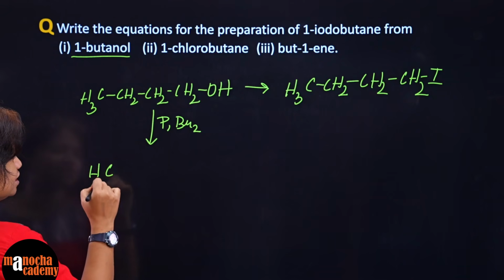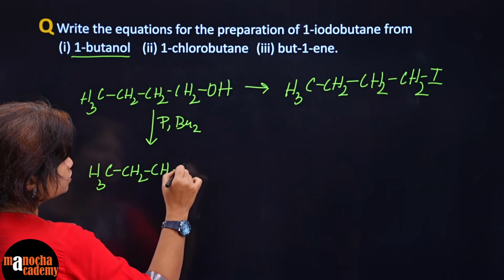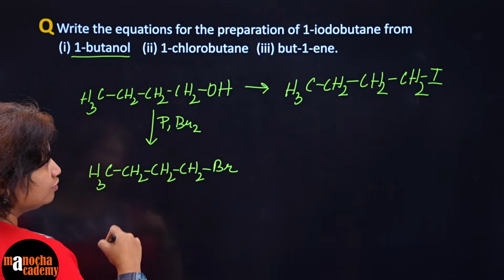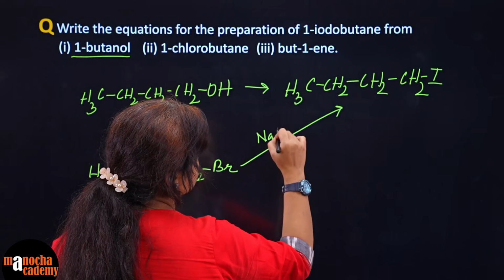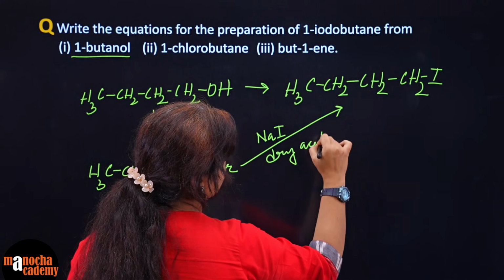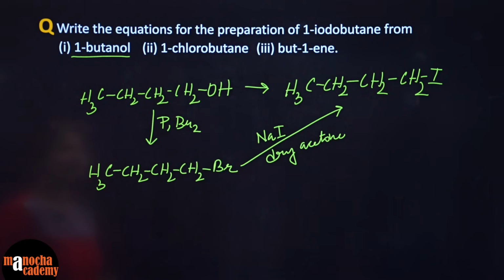We get CH3CH2CH2CH2Br, bromobutane. From there, if you add sodium iodide in dry acetone, the Finkelstein reaction that we have done, you get the corresponding iodo compound. So the first one is done.